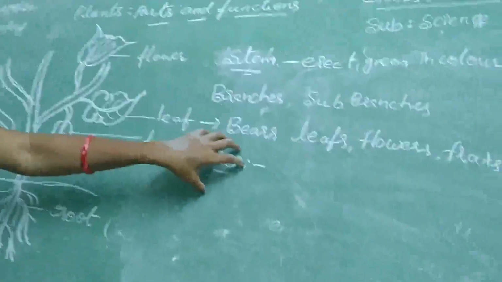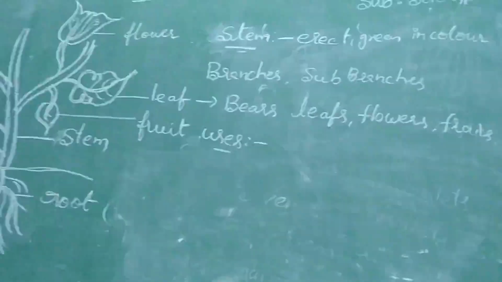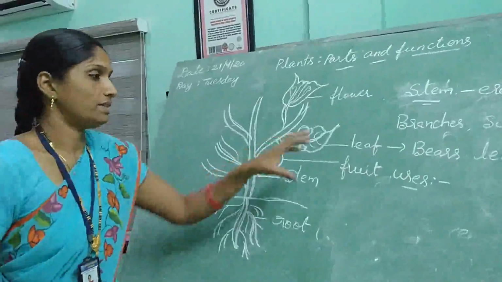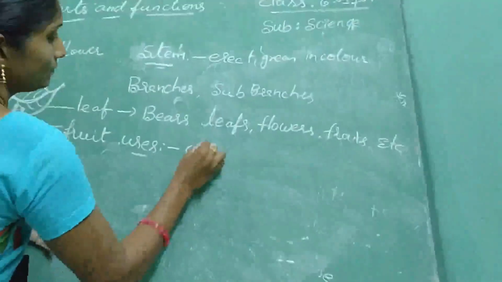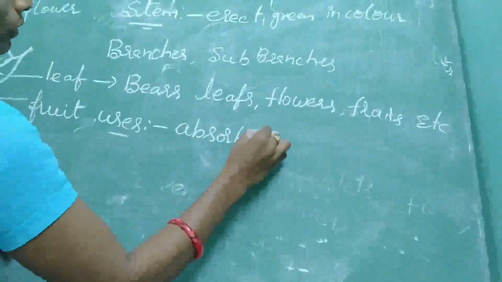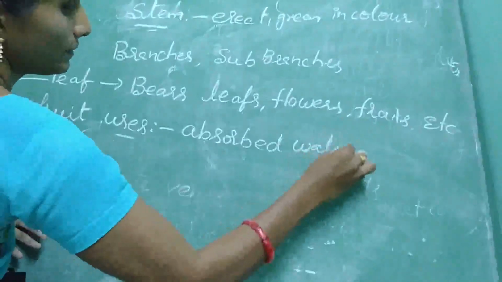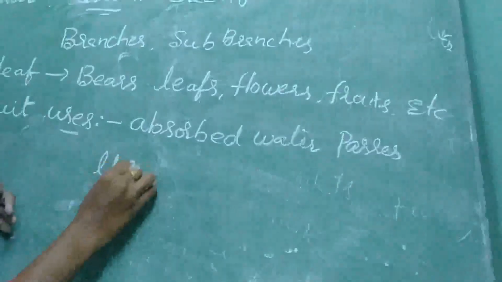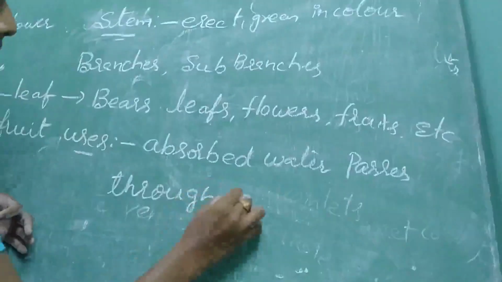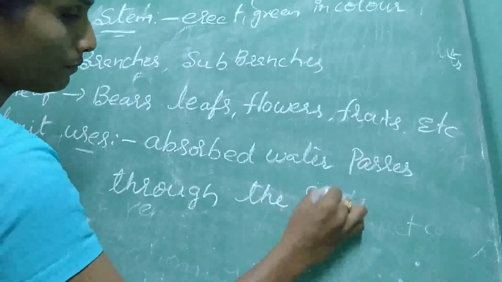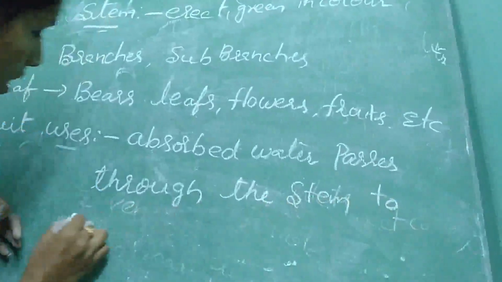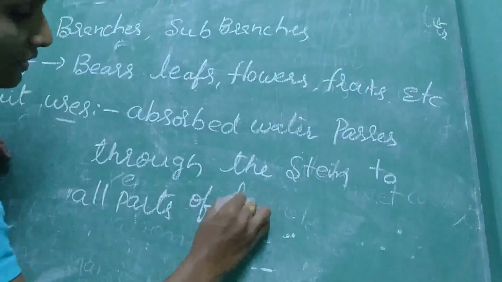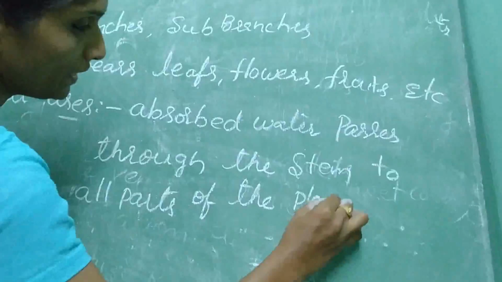The second use of the stem is that it passes water and minerals through itself. The water that is absorbed passes through the stem to all parts of the plant body.